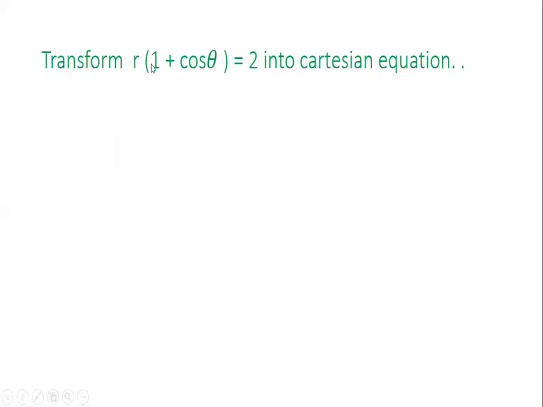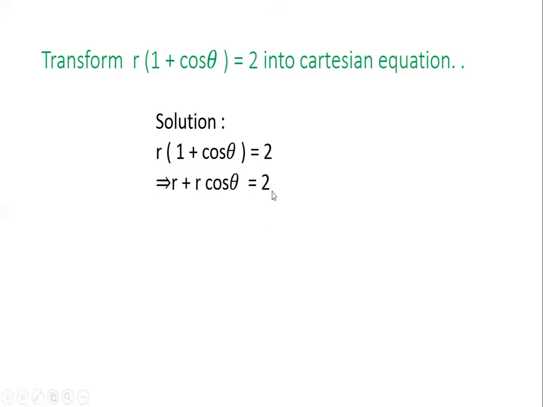Transform r(1 plus cos theta) equal to 2 into Cartesian equation. At first we write this equation, then we get r(1 plus cos theta) equal to 2. Then we get r plus r cos theta equal to 2. You know r equal to root over x square plus y square and r cos theta equal to x. Putting this value, we get this equation.